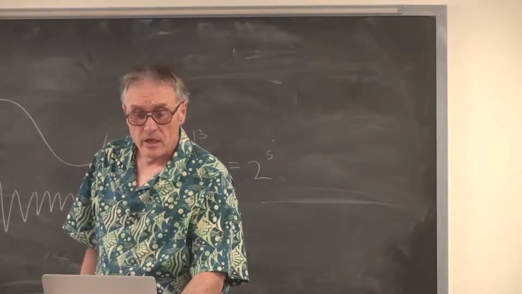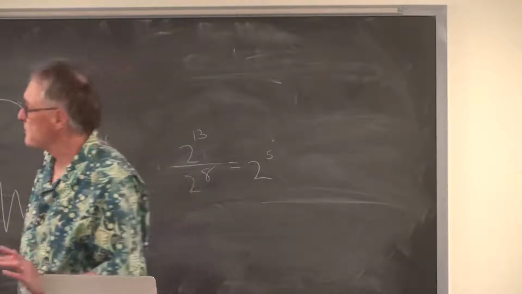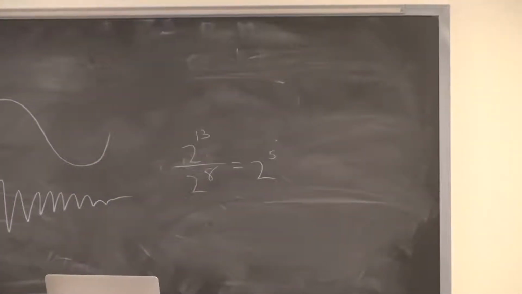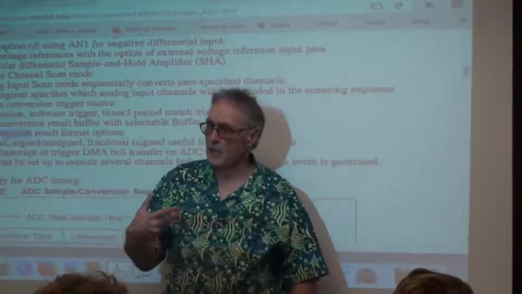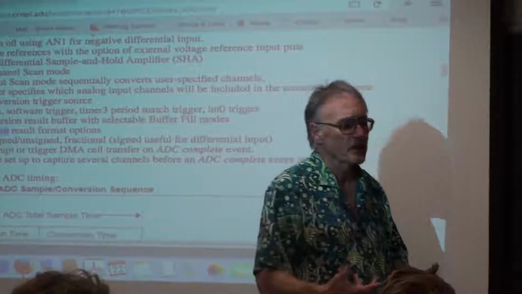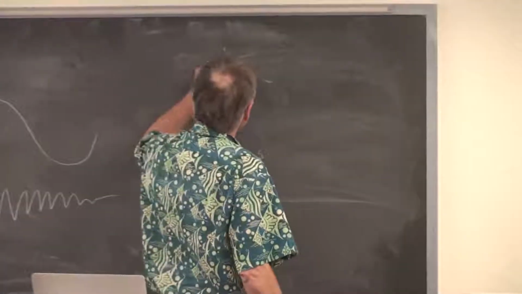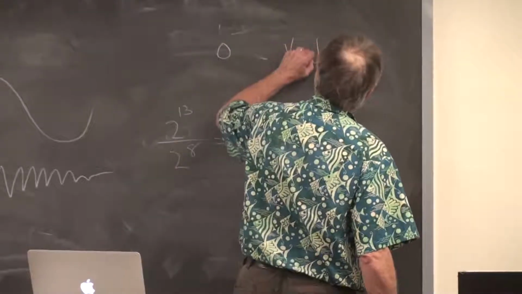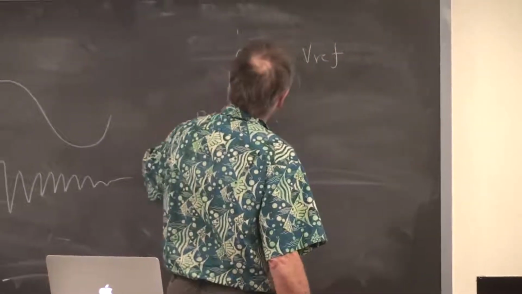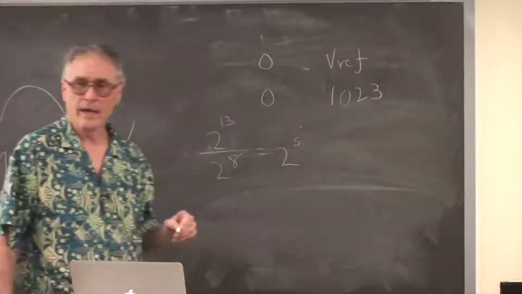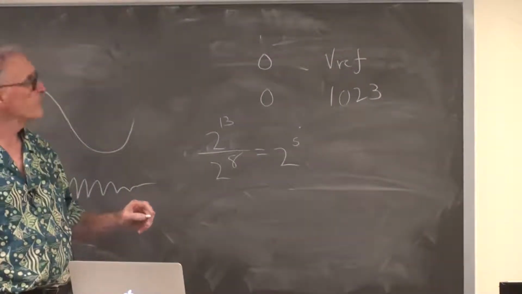Oh yes, the conversion. There's an option for the conversion result to be in several different formats, 16-bit unsigned, and the scheme for the conversion is that the voltage between 0 and Vref is coded as 0 through 1023 counts linearly.